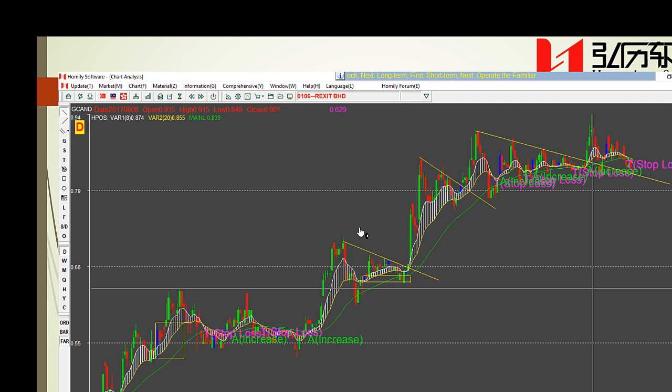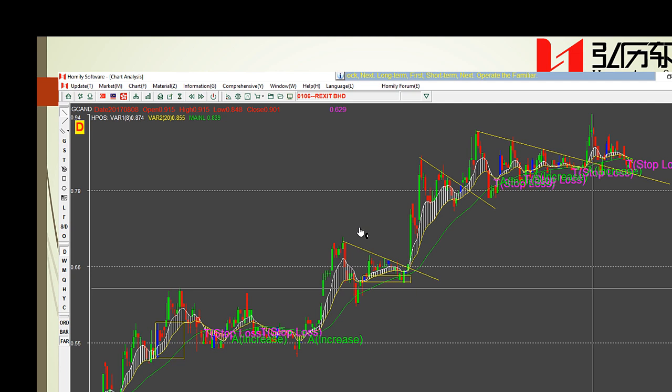Here we can find another bottom catch signal appears, but it is below the trend line. So here, shall we buy it or not? Sometimes we will buy it, because we can see the green line and the white band are also rising.